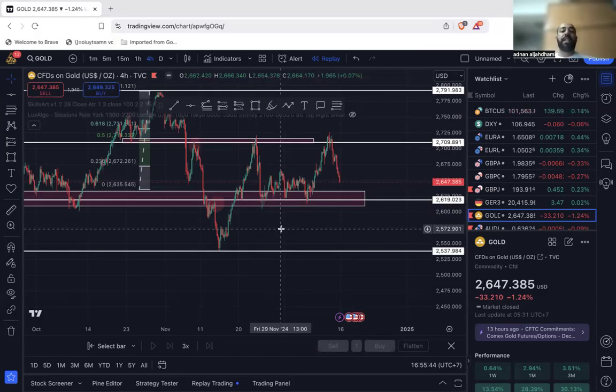This is an amazing strategy using price action and basically SMC concepts, finding the order blocks, finding proper entries after retracement. And this is basically the whole thing about buying and selling in the discount zone and the premium zone.